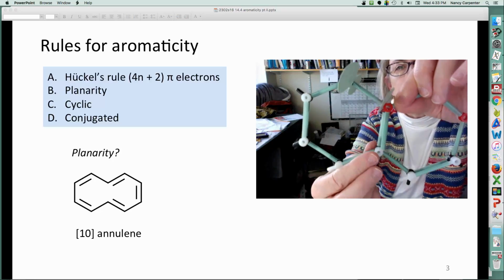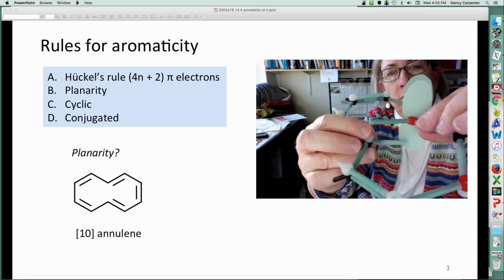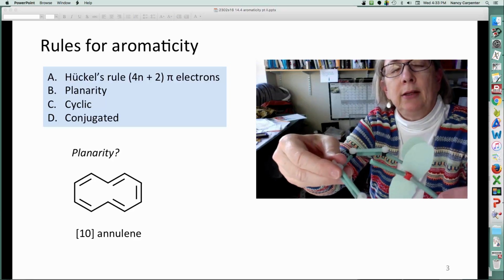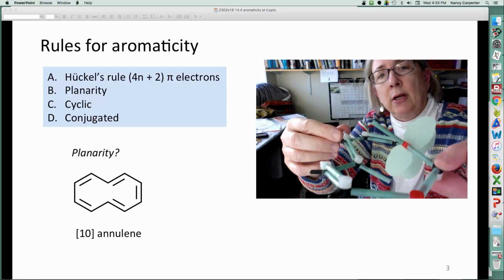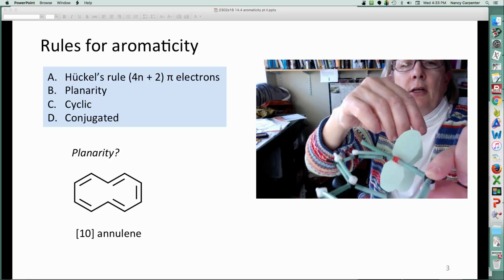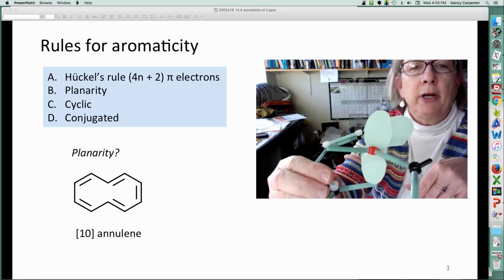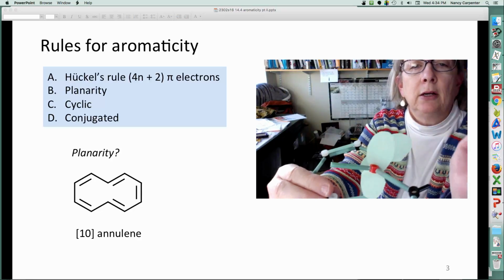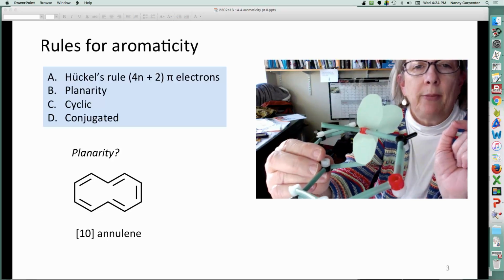So what I have to do here in order to make this work is I have to twist these things so that the ring obviously is no longer planar. And what you can see here is when I do that, well, I hope you can see this, my two adjacent p orbitals right here, they're totally skewed so that they can no longer overlap.